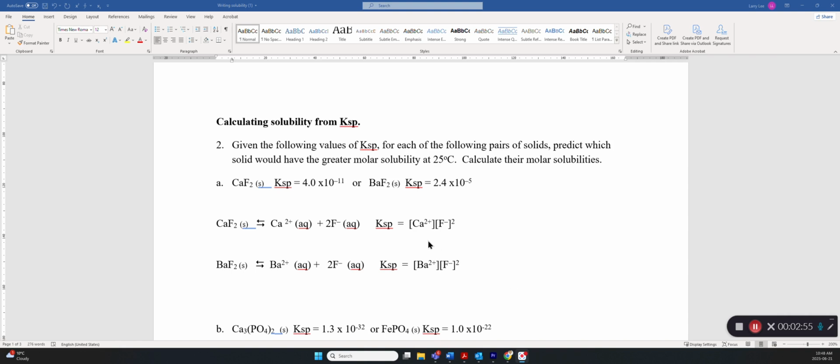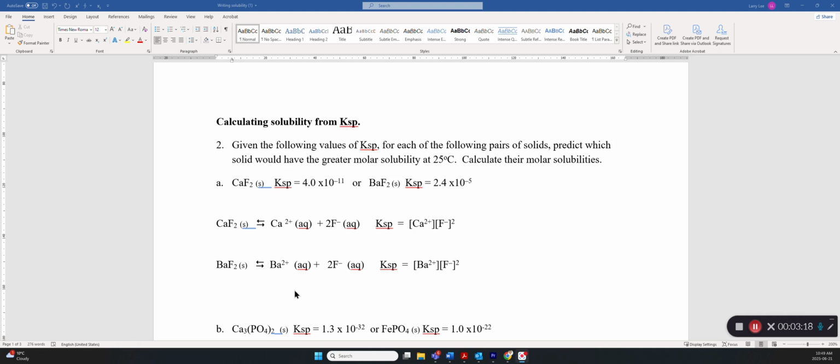Okay, now this is where you have it. Calcium concentration times the fluoride concentration squared for the first equation, and the barium fluoride would be Ba2 plus concentration times the fluoride ion concentration squared. Okay, so this is what you'd have.